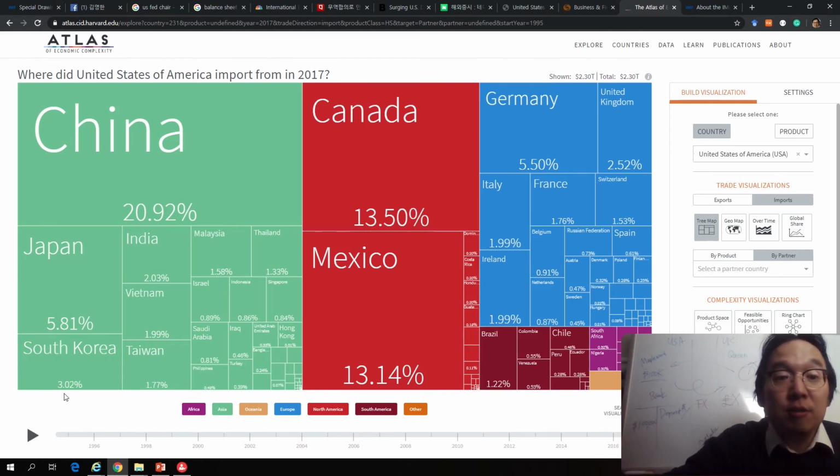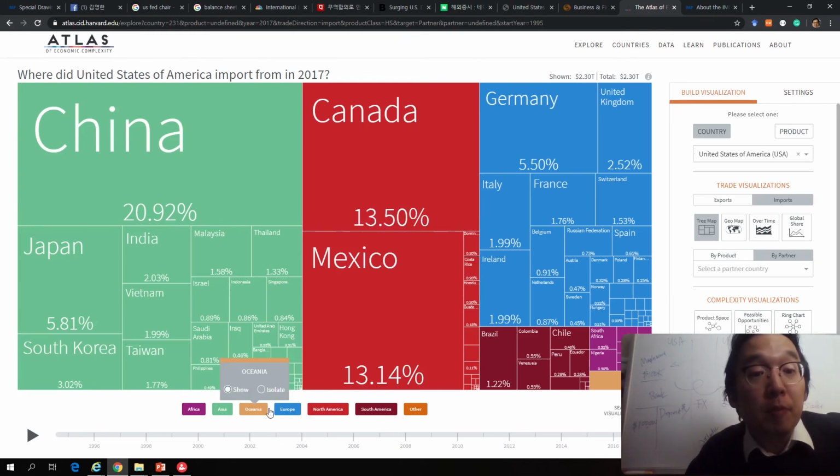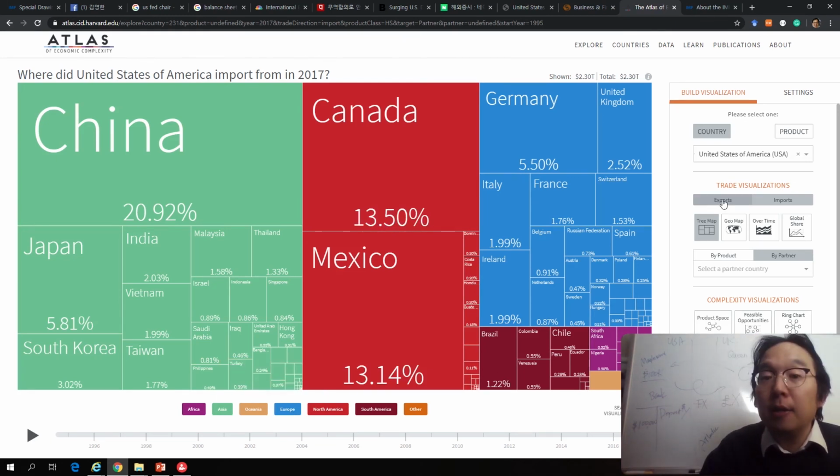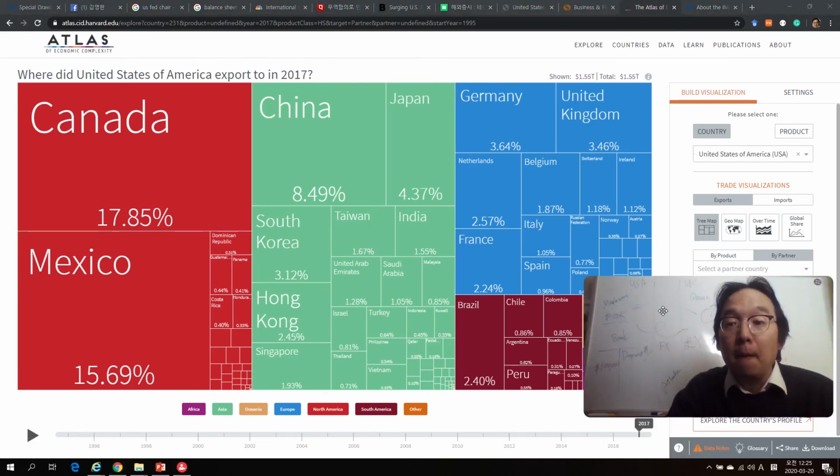And an interesting thing is, where's Hong Kong, right? Yeah, Hong Kong is down there. Or you call it Hong Kong SAR. Okay, fine. And then, in contrast, how about export of the United States? You can click it and see it, right? To Canada and Mexico predominantly, and then China as well.